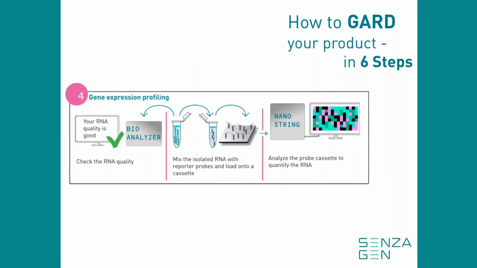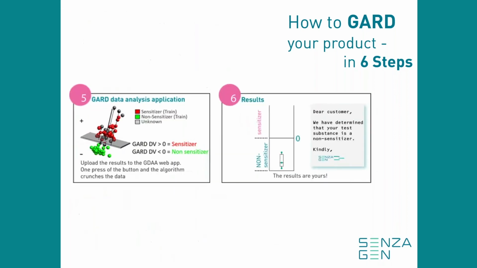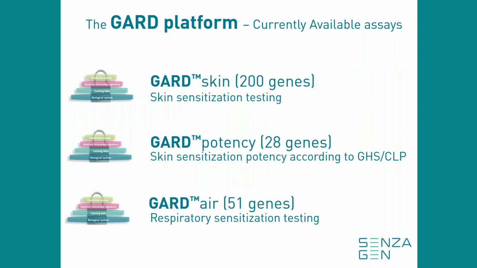Now we only measure the genes in the specified signature, and then we use our machine learning algorithm to compare the gene expression profile induced by the unknown test compound to the expression profiles induced by the sensitizers and the non-sensitizers in our training data set. So you will have a final classification. If it's above 0, it's classified as a sensitizer, and if it has a negative value, it's classified as a non-sensitizer.